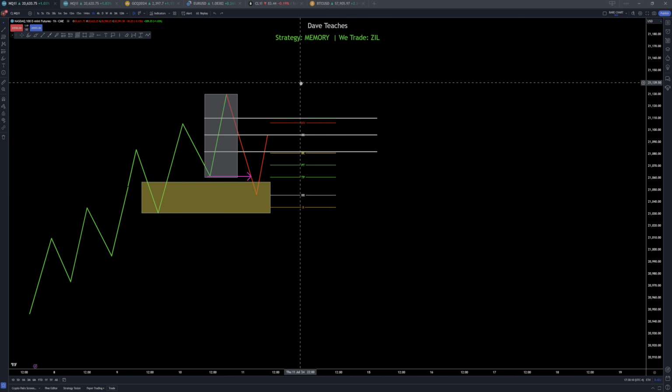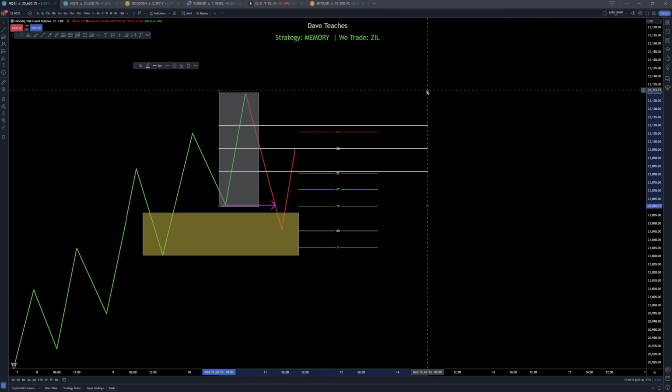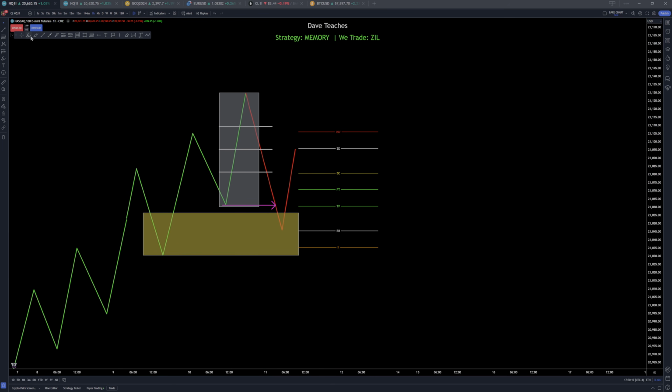But what this fib does for us, let me just move over our original POI there. What this fib does for us is that when we get tapped into the 50% or the 30% based on whatever time frame we are trading from, and I'm going to show multiple time frames and multiple pairs, right?